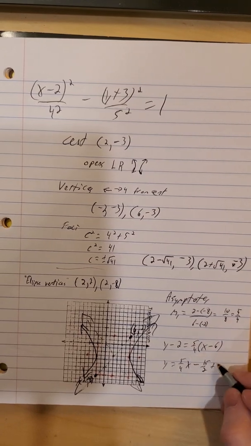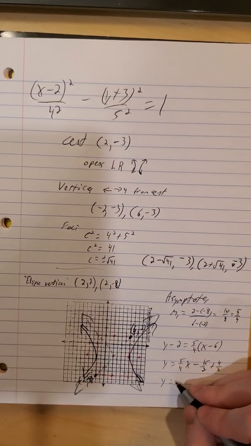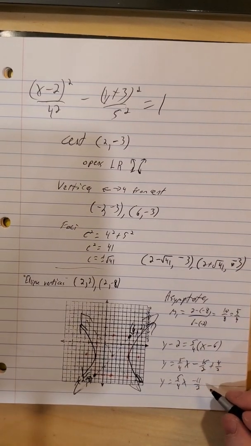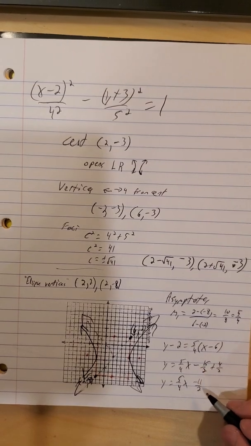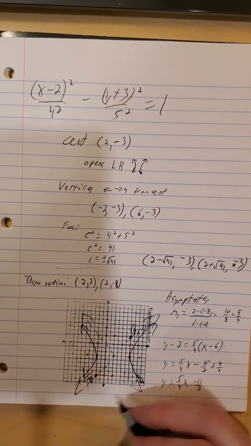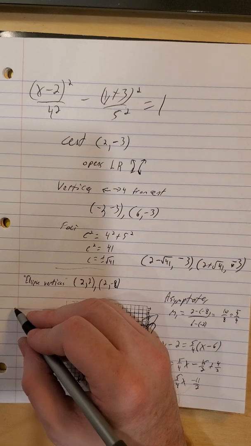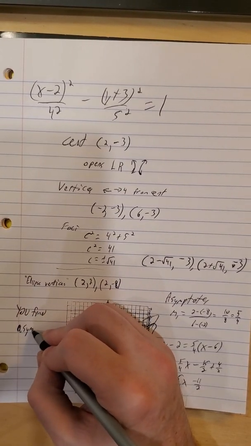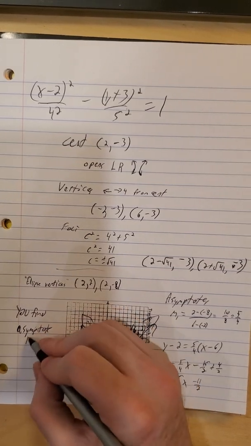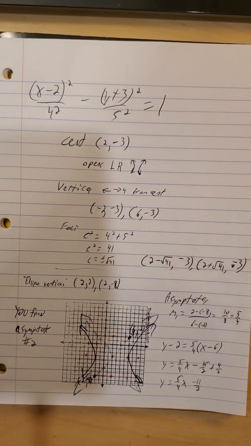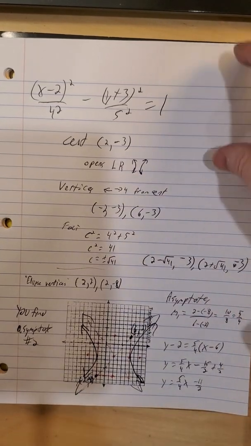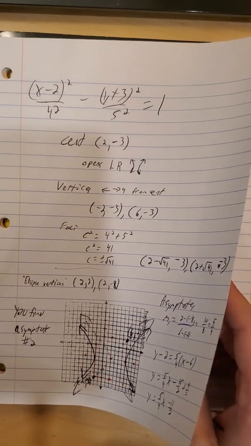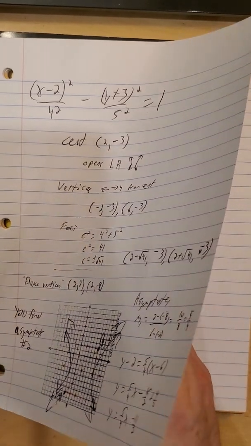And then 2 is the same as 4/2. So y is 5/4 of x minus 11/2 is asymptote number 1. So again, I'm going to ask you to find asymptote number 2. So there's our pretty good sketch of the hyperbola with lots and lots of information on it.